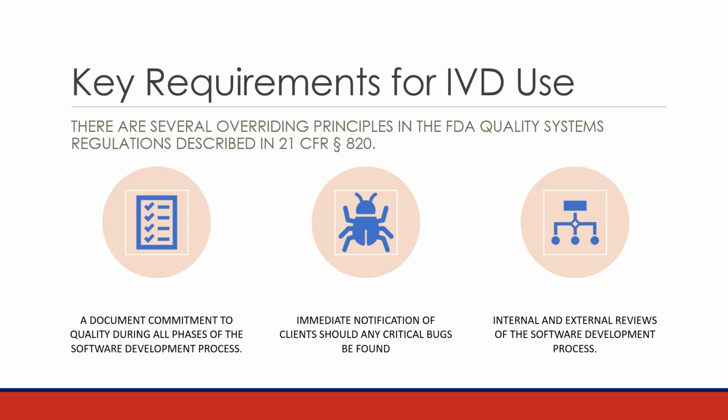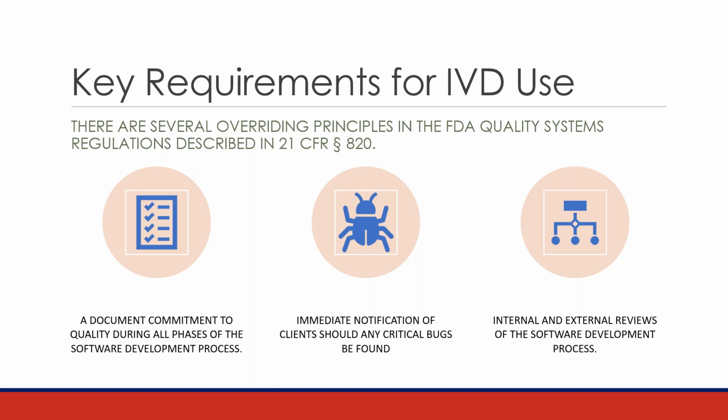Anyone that applies for a listing with the FDA must follow several overriding principles in the FDA quality systems as described in 21 CFR Part 820. Okay, and that extends to FCS Express specifically. It's all about documenting the quality of the software, making sure that what we're producing is a quality software, a reliable software, and a consistently producing software.